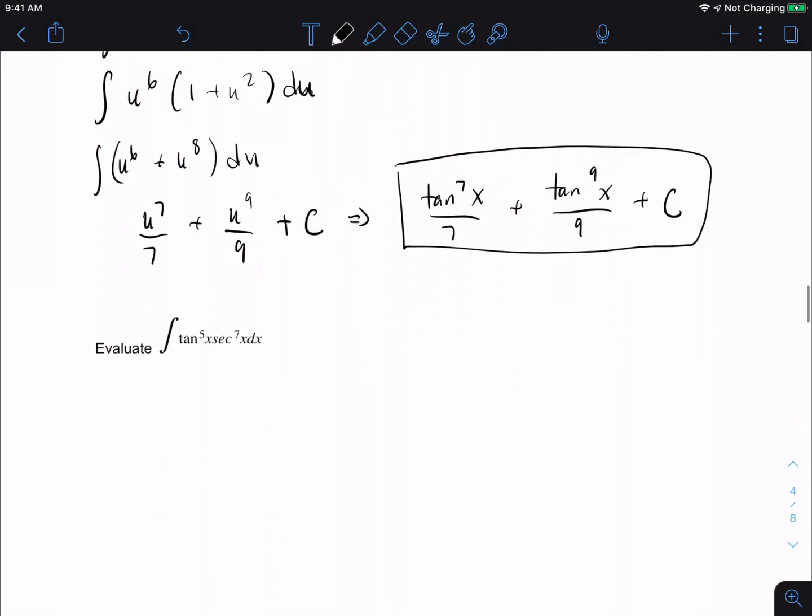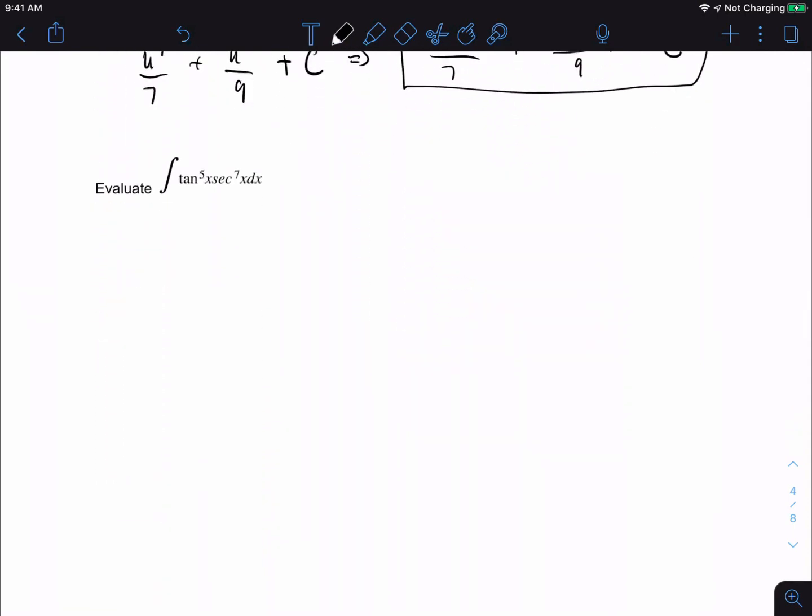Okay, so now when we have odds, right, tangent to the 5th and secant to the 5th, I'm going to break up the secant again. So I'm going to have tangent to the 5th of x, secant to the 6th of x, and then secant x. Ooh, I'm going to actually break up both of them.